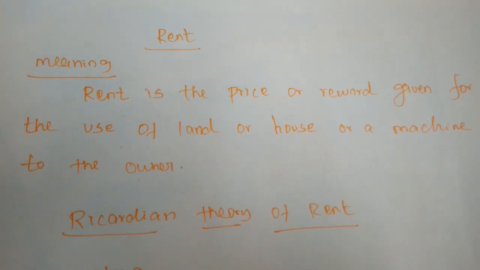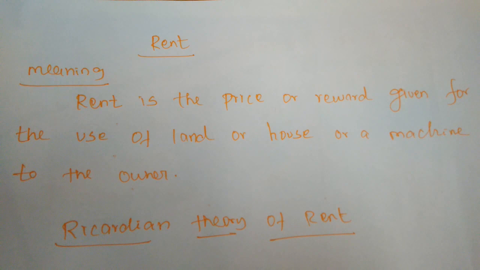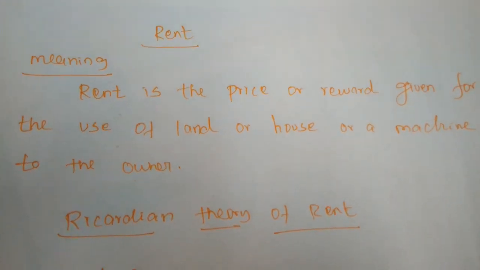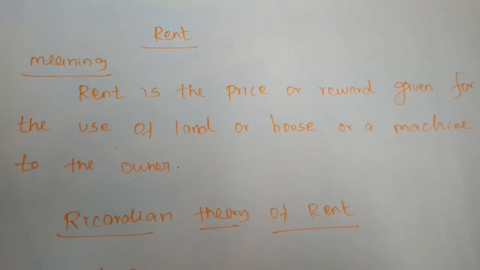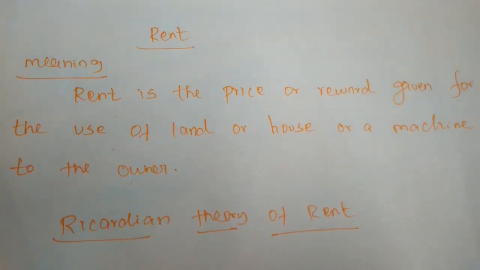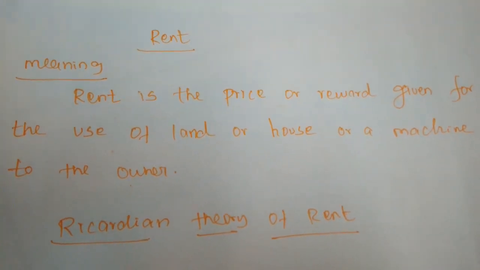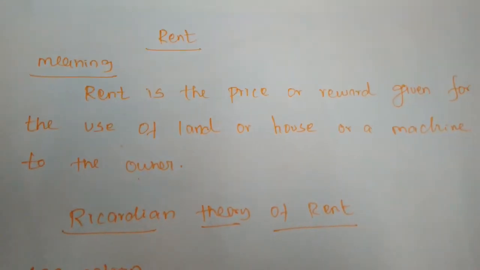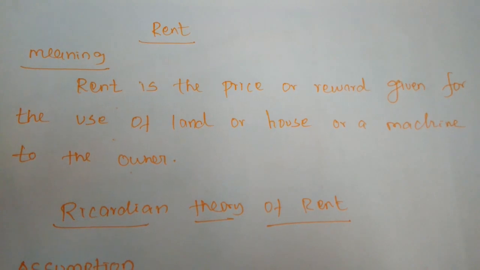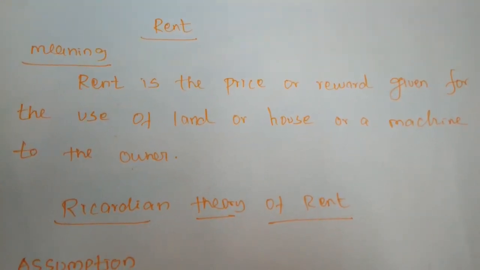So when they arrange the land, house or machines, they get their remunerations. In which form? As we studied already, the owners of land, house or machines get their remunerations in the form of rent. So rent is the price or reward given for the use of land, house or machine to the owner.